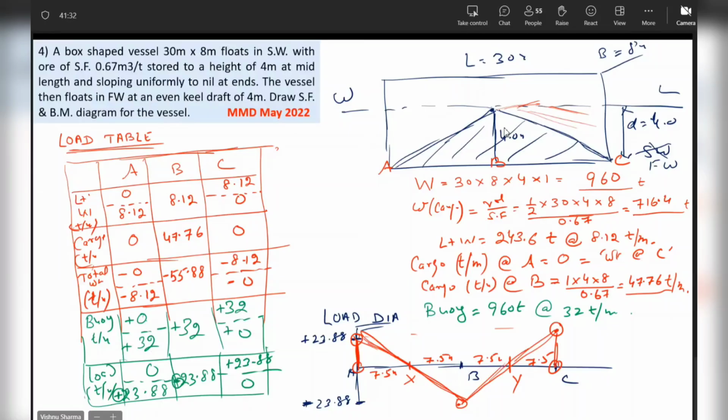So this buoyancy, we need to add the cargo weight also, sir. We have added, no, these load values of 23.88, all the three have been taken into account, na beta? How did you come to the load, these values that you're plotting? The weight of the ship plus cargo weight. And what is this in green here?